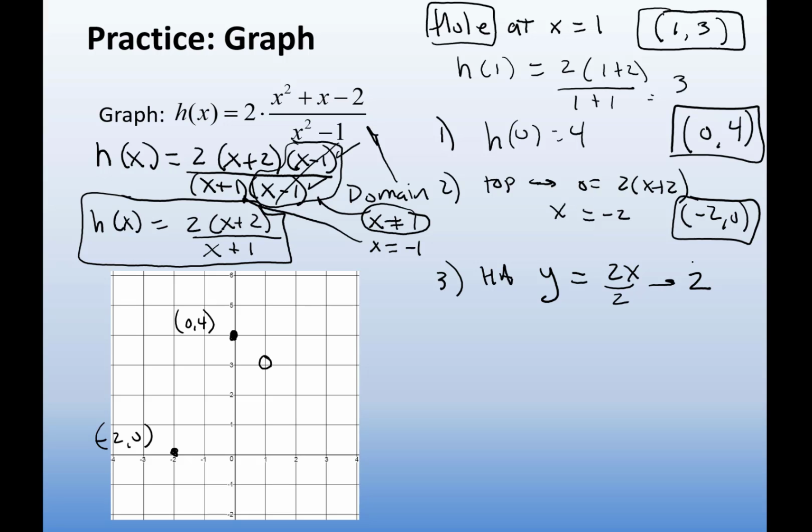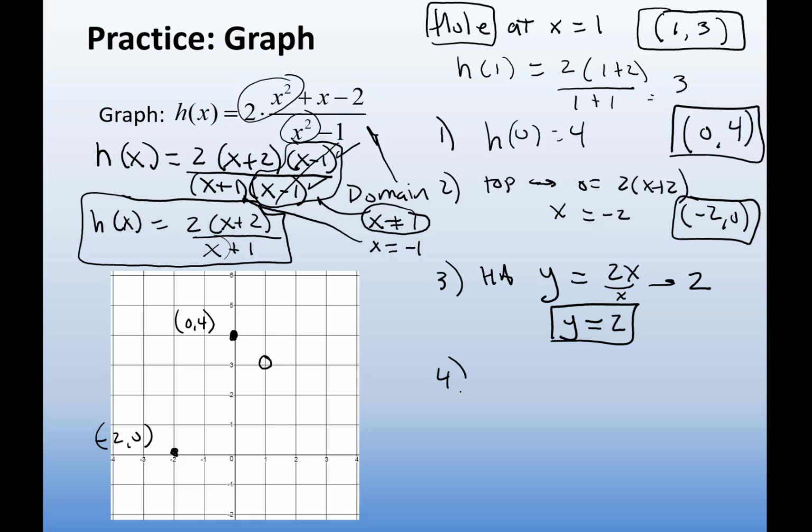If I'd gone from the original function, up here is my leader, 2x², and the denominator's leader was x², it's still balanced. Oops, I wrote this one wrong. It was x on the bottom. This one is balanced and this one is balanced. So either way, it comes out to 2. So if you divide the leaders, you're going to get the horizontal asymptote is y equals 2.